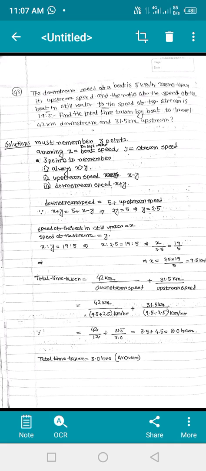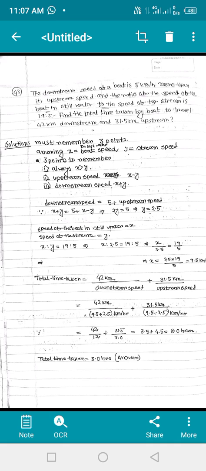You must first understand what the still water boat speed is and what the stream speed is. Always x is greater than y, the boat speed will be higher than the stream speed, so the boat can move against the stream.